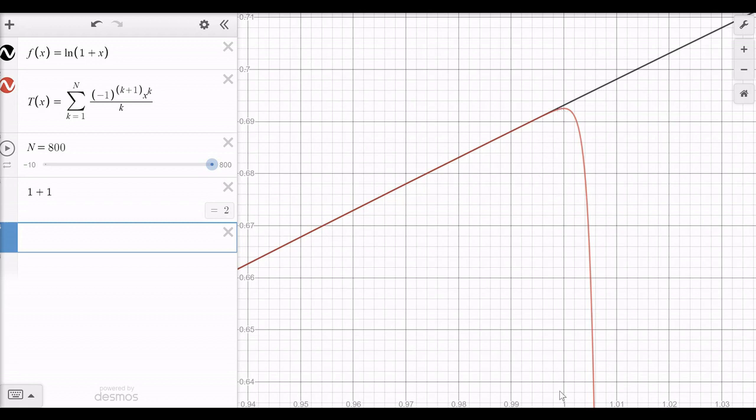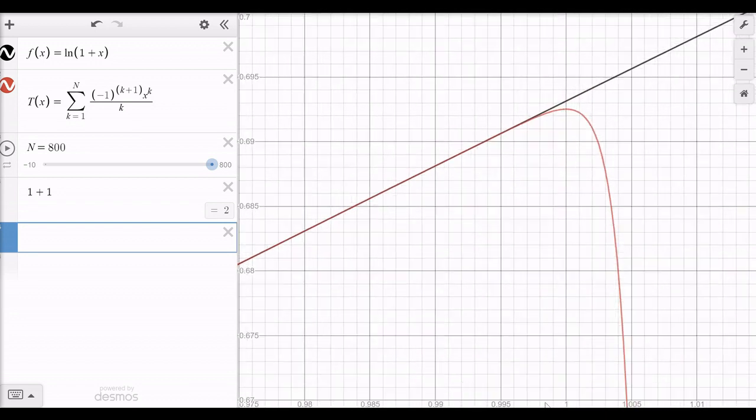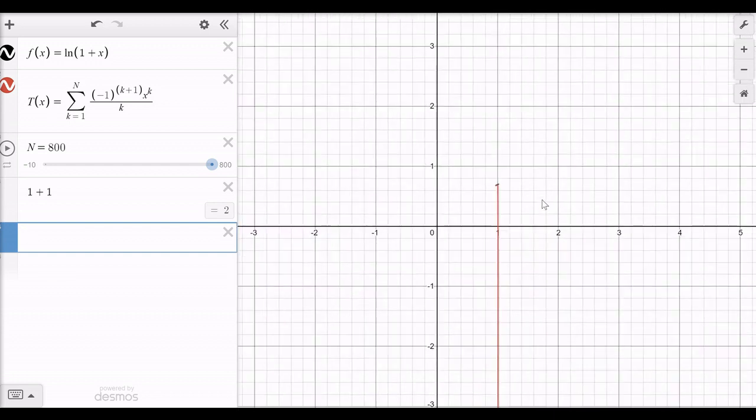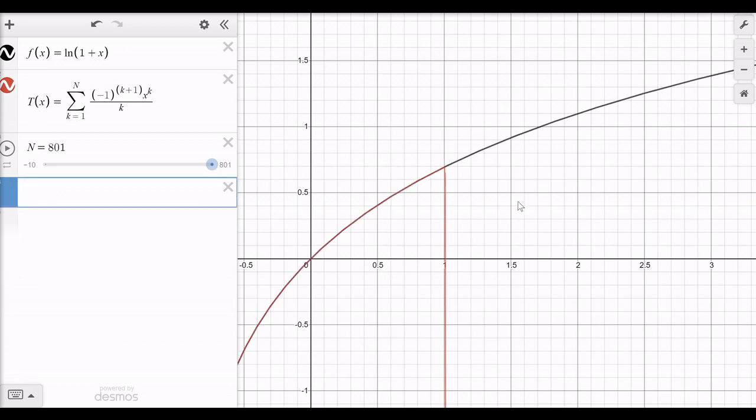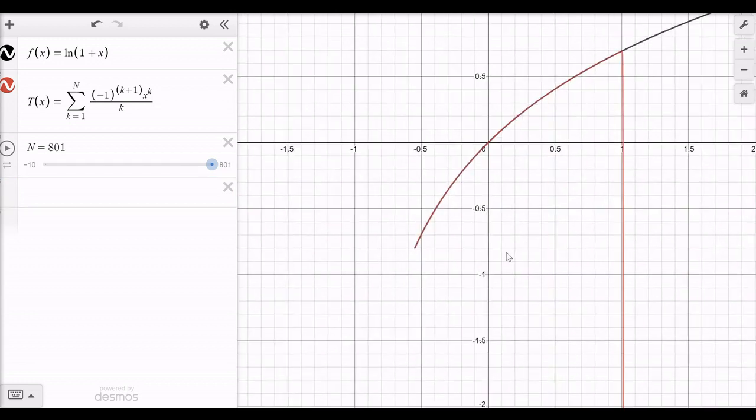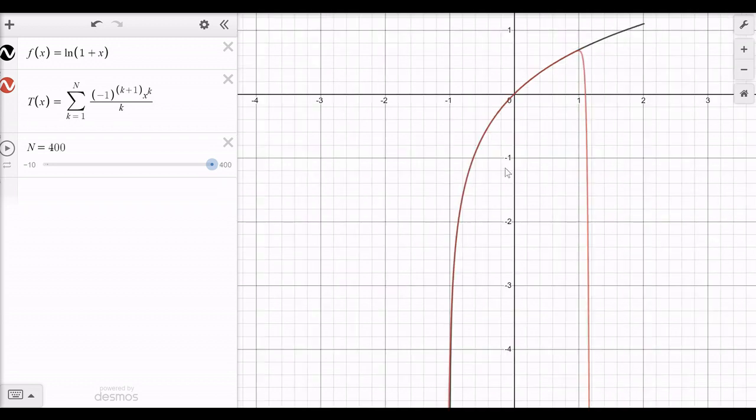So we see that as n gets close to infinity, the function is pretty good up until this point of 1. And if we zoom out and assume that this compiles in time, you can see that this function is good up until x is equal to 1, and you'll be able to see that as x gets close to -1, once it compiles, our function approximates the curve relatively well.